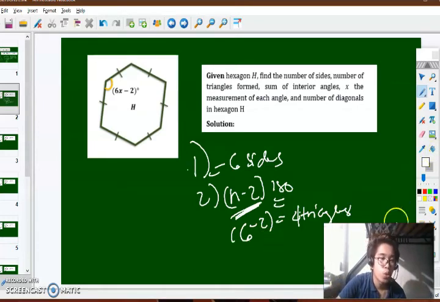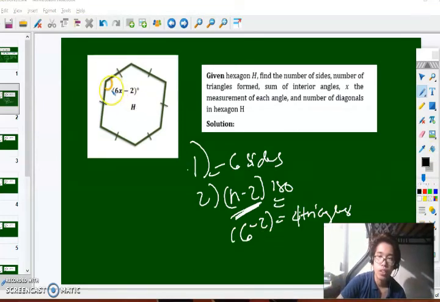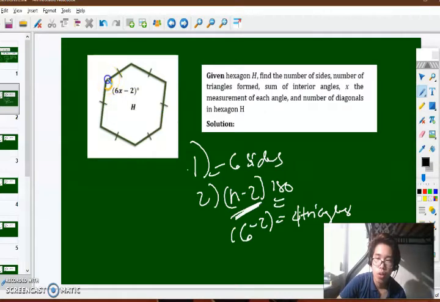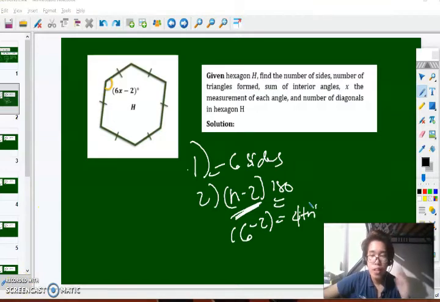Let me just show you how we can do that. 1, 2, then we can do 3. For this figure, it has 4 triangles inside the hexagon. How can you visualize that? Where are the 4 triangles inside hexagon H?